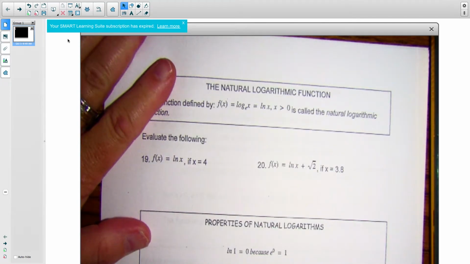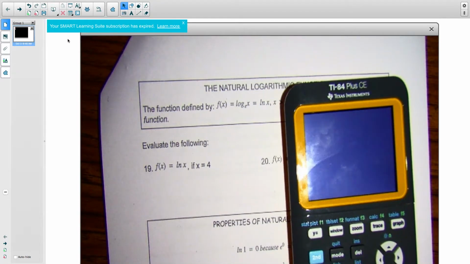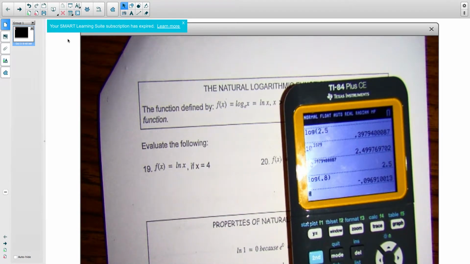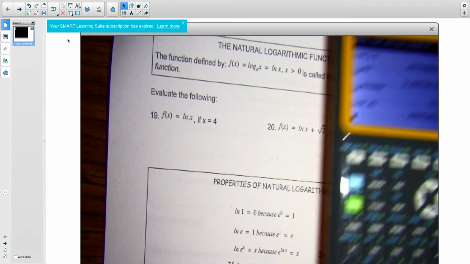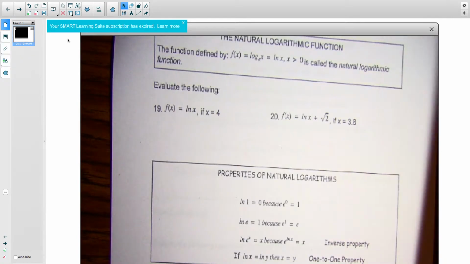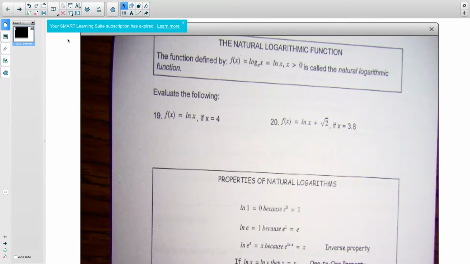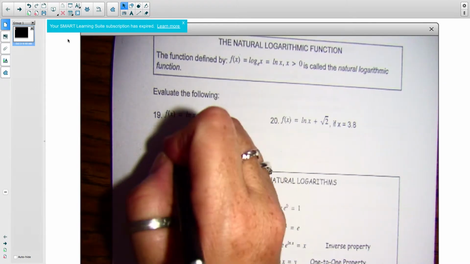The natural log function is just the log function base e, and there's a special button right here on the calculator. You can't see where I'm pointing. It's right underneath the log. And so for 19 and 20, we're just going to evaluate. You're going to put those into your calculator. So you're going to take the natural log of 4.